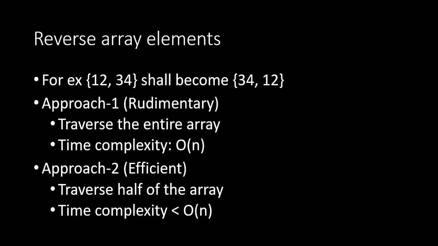Such code ends up giving us O(n) time complexity because we have to reach each and every element. The second approach is more efficient because it doesn't loop the entire array, only almost half of it, and hence the time complexity will be less than O(n).